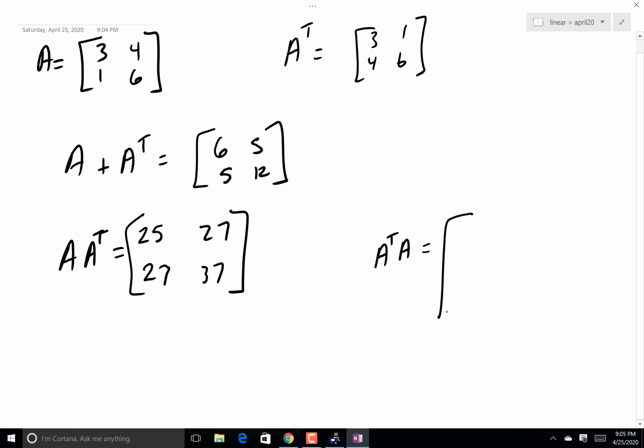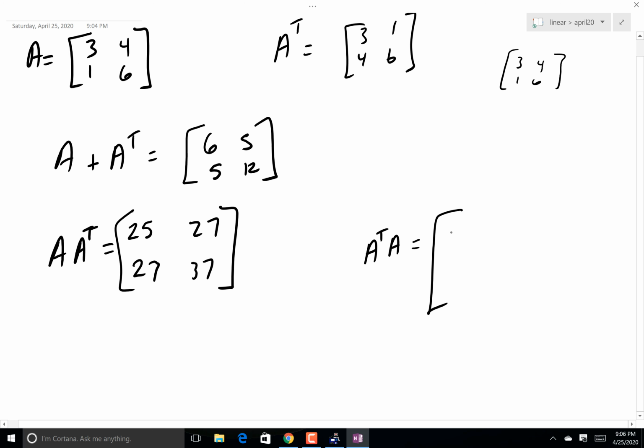And if I go the other direction, I have to do it like this. I can't visualize sometimes very good the other direction. So let's do 3 times 3 is 9, plus 1 is 10. 3 times 4 is 12, plus 6 is 18. 4 times 3 is 12, plus 6 is 18. And 4 times 4 is 16, plus 36 is 52.